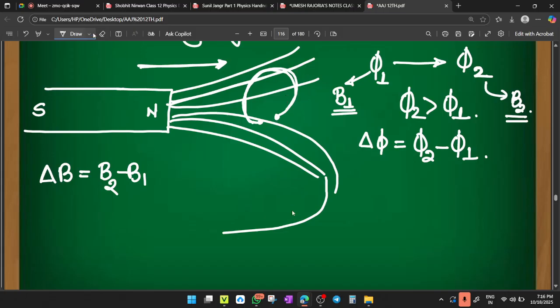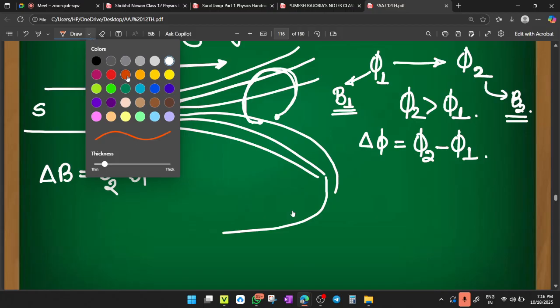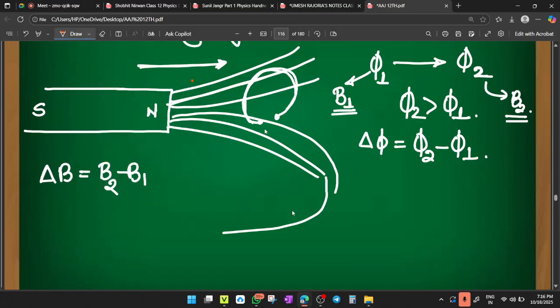As a result, there will be a production of EMF. What is EMF? EMF means polarity. If one terminal of the coil or loop becomes positive, then the other becomes negative. It may also be the other way around, but they have opposite polarity.